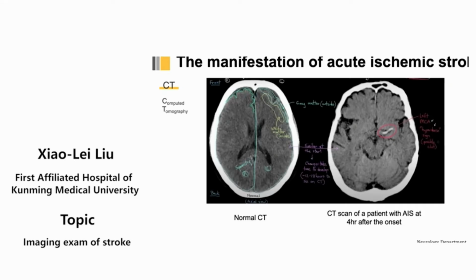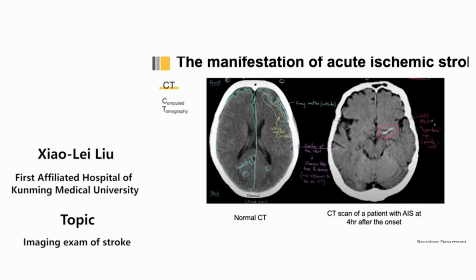Sometimes you can't see any brain changes on CT until half a day after a stroke occurred, usually about 12 to 18 hours after the onset.